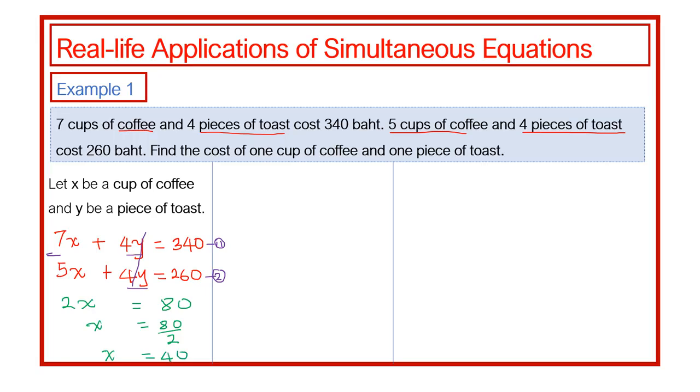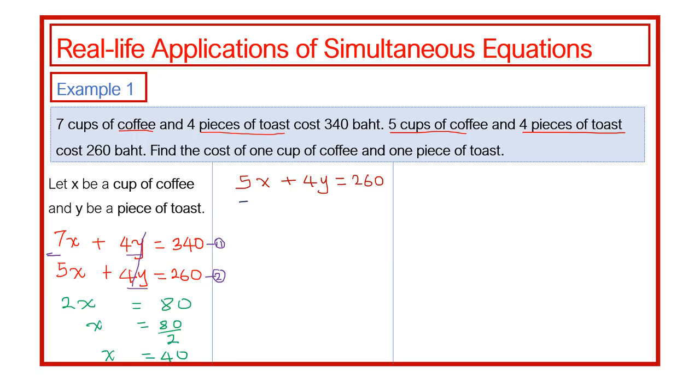Now let us find y. We can find y using equation 1 or equation 2. But let us use equation 2. We have got 5x plus 4y equals 260. And we know that x is 40.